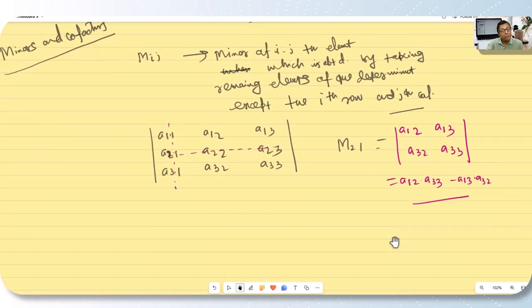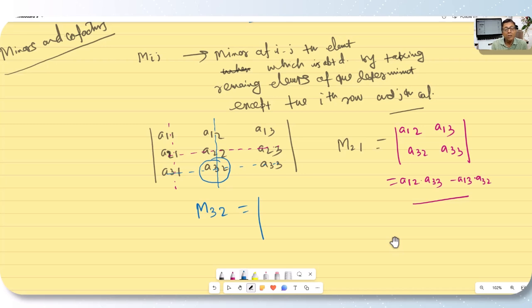You can write the minor of any row, any column. If you want to write the minor of this particular element, that is M31, no, this is 32, sorry, M32. How to get that? You don't take any element from the third row and second column.